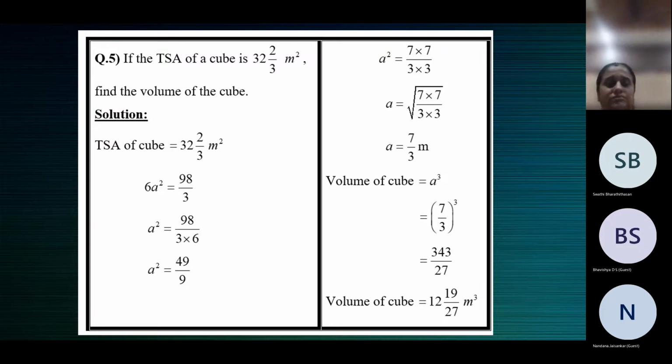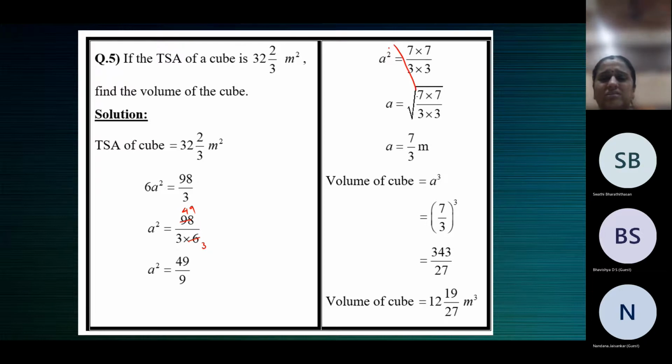Yes, children. You don't have to write all these steps.